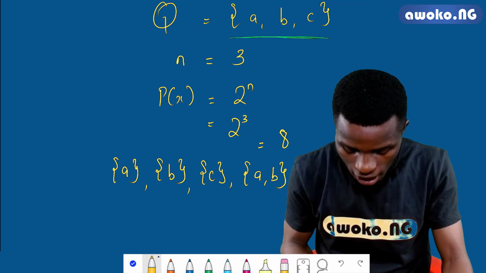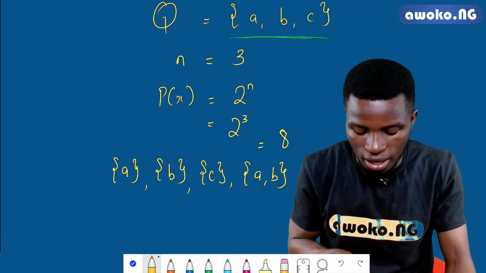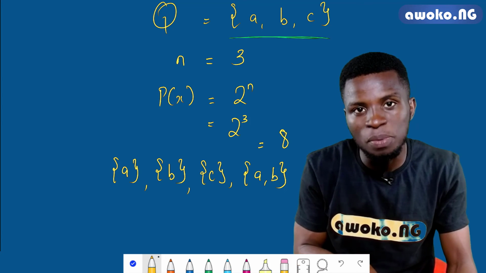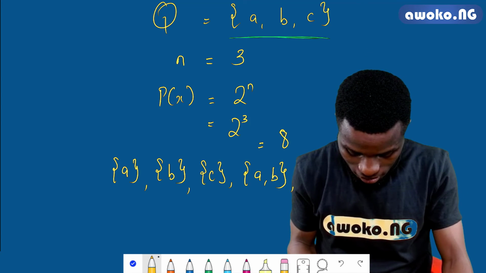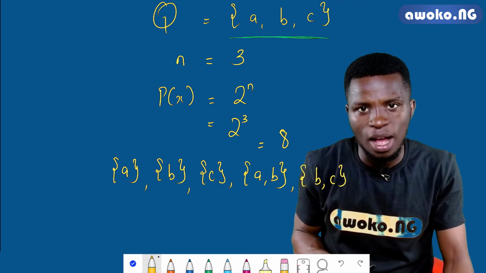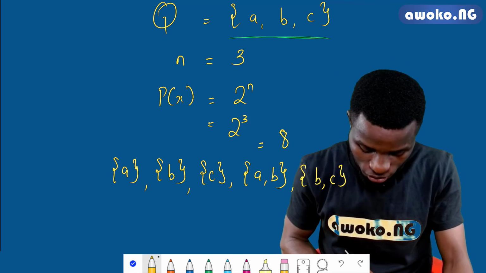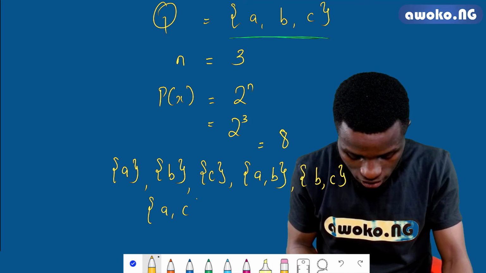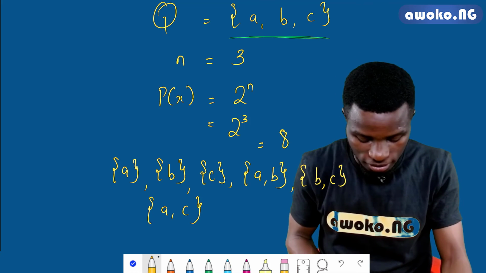A and B are both subsets of this particular set because A and B can be found in the bigger set Q. You also agree with me that B and C are possible subsets of set Q. And A and C could also be seen as a possible subset.